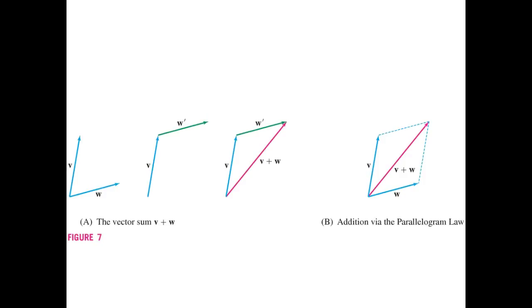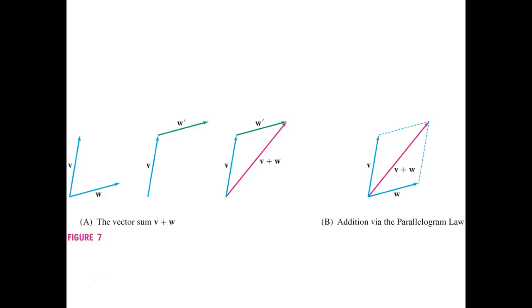If they have the same base point, which they don't have to have, but if you are talking about V added to W, the sum V plus W, and this is if you're doing it graphically, take your W and move it off the base point of V and put it at the terminal point of V, but keep the same magnitude and direction, an equivalent vector, just moved up there.